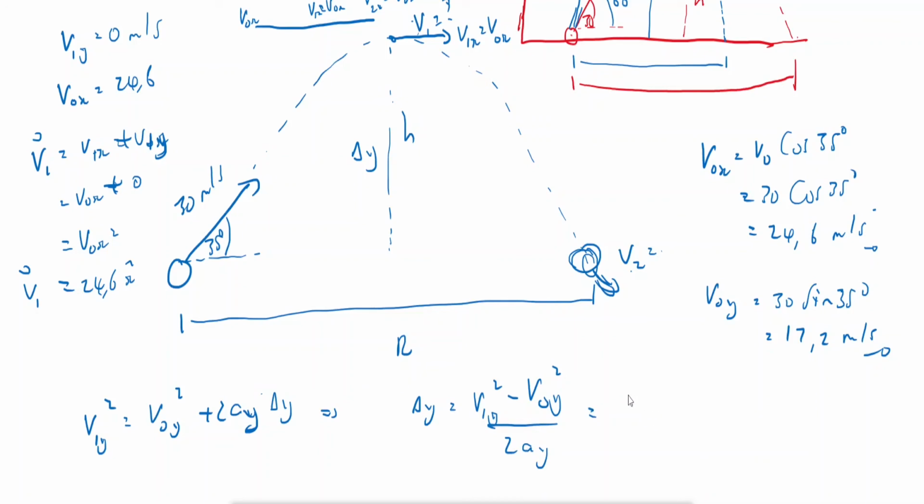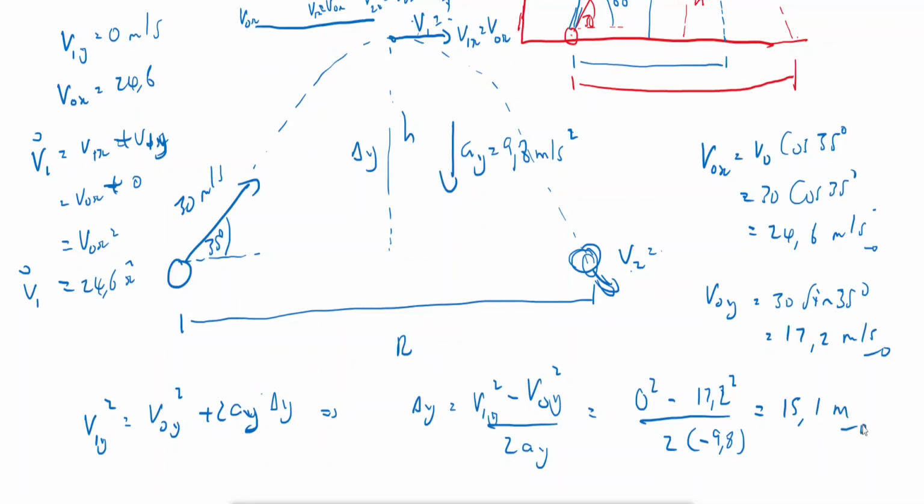That is 0 squared minus 17.2 squared divided by 2 times minus 9.8, because remember ay is minus 9.8. You always have your ay facing downwards, and that is 9.8 meters per second squared. When you do that, it's going to be 15.1 meters. So the ball is just going to reach 15.1 meters if you launch it at that angle.